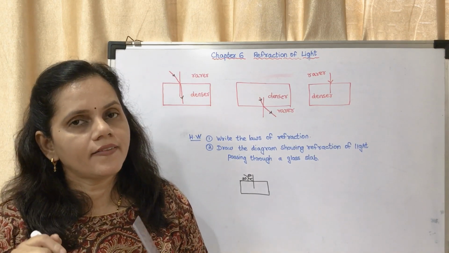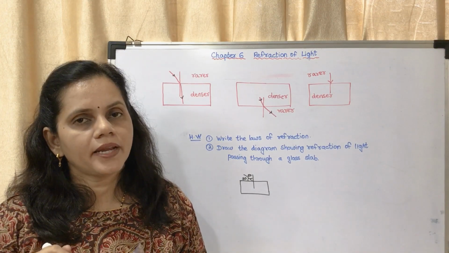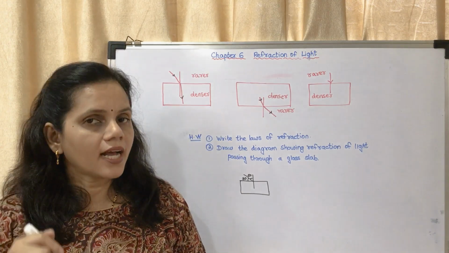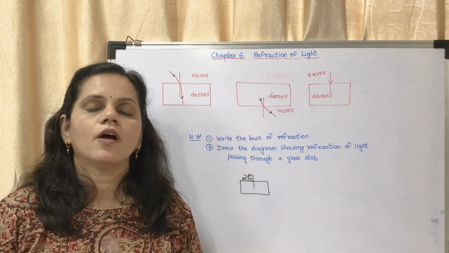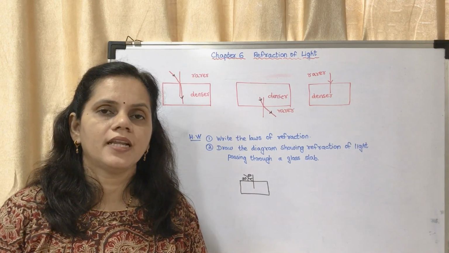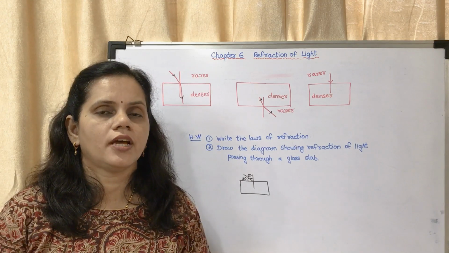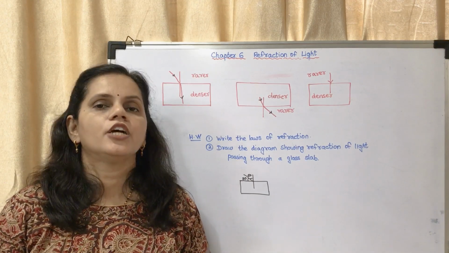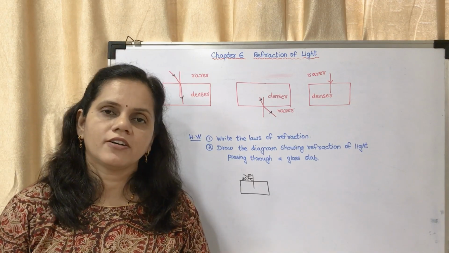And if they give the angle made by the incident ray to the glass slab, then you have to subtract it from 90. Why 90? Because the normal is perpendicular to the surface. So these things you have to remember in this lecture. You may mark these things in your textbook. Okay, thank you.